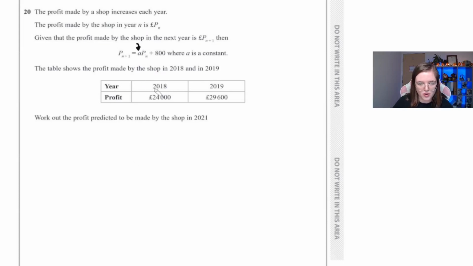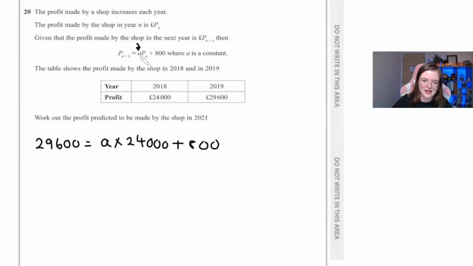So if we say N was 2018 initially, the profit made in 2018 was 24,000. N plus 1, remember N was 2018, so N plus 1 is going to be 2019. So I'm going to have 29,600 equal to A times 24,000 plus 800.